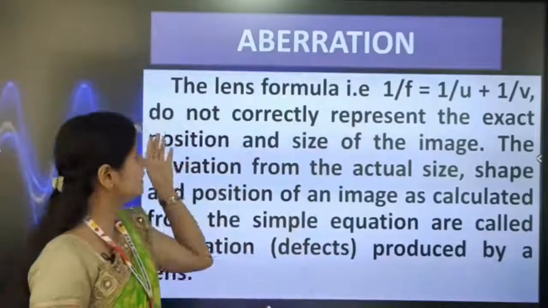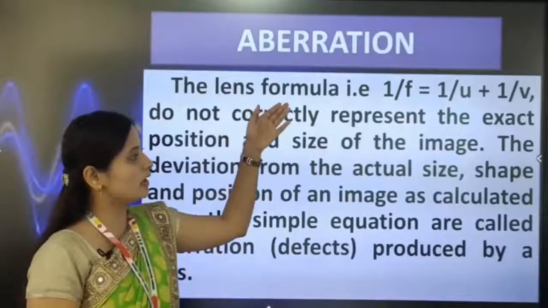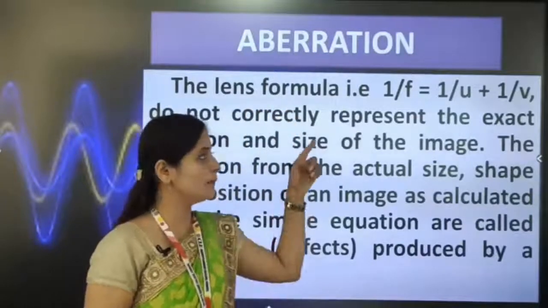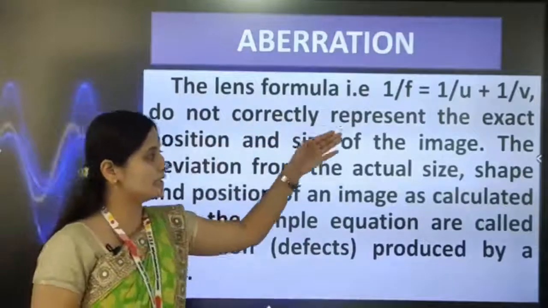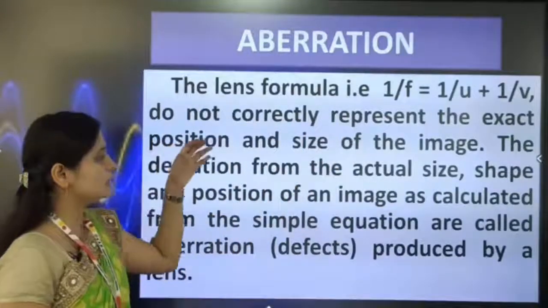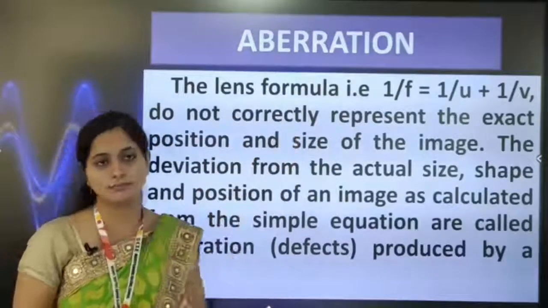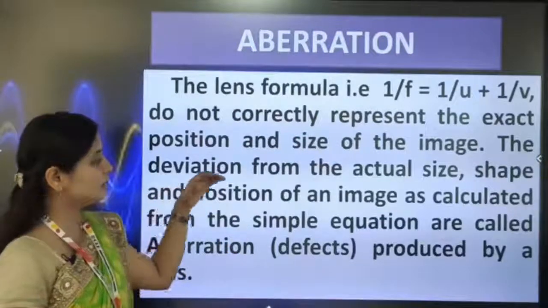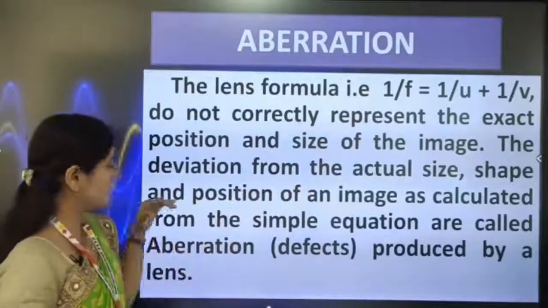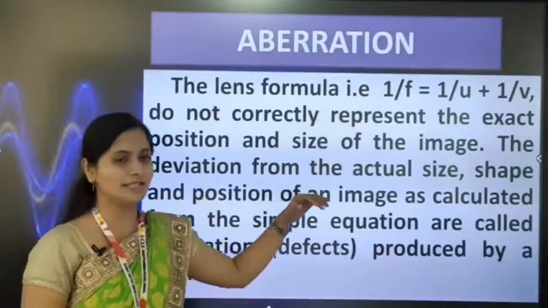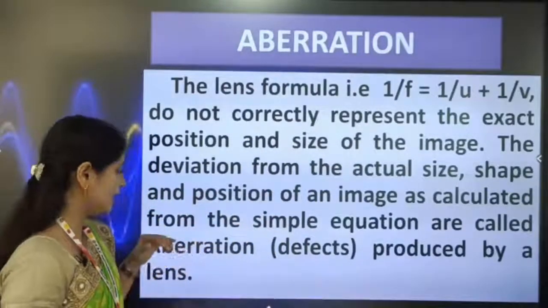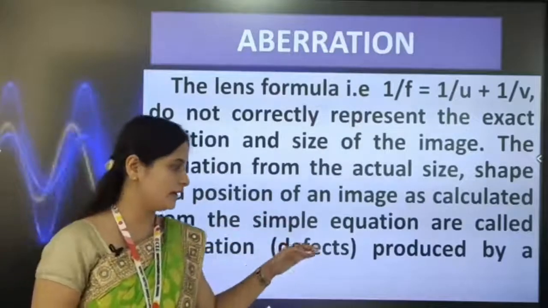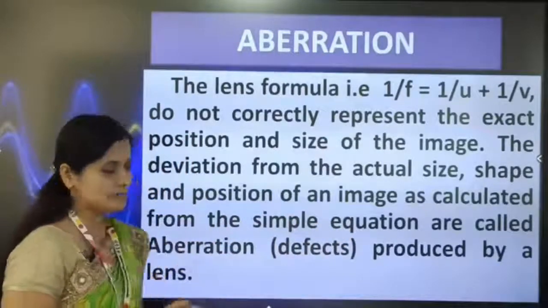See here, if the lens formula, 1 by f equals 1 by u plus 1 by v, does not correctly represent the exact position and size of the image, then the deviation from the actual size, shape and position of an image as calculated from the simple equation is called aberration, or the defect produced by a lens.